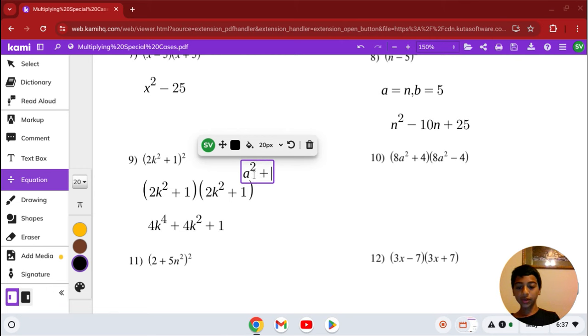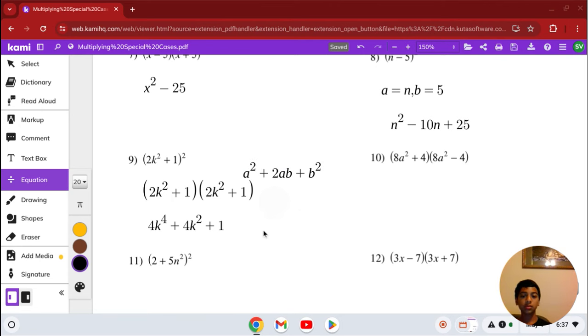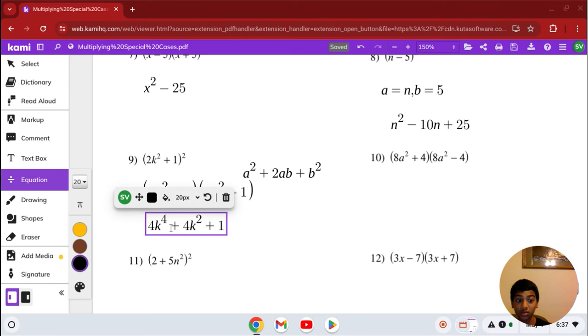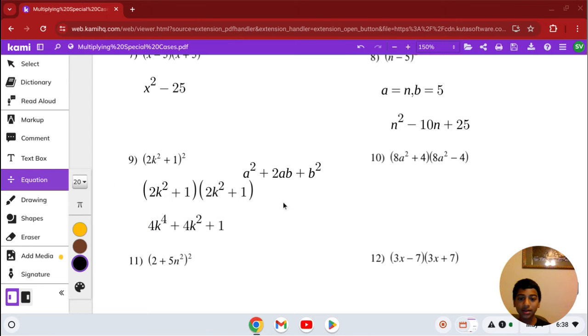So a squared plus 2ab plus b squared. 2k squared squared is 4k to the fourth, and plus 2 times a times b, or 2 times 2k squared times 1, which will give you 4k squared, plus b squared, which is 1. So even if you still use the formula, it will still work.